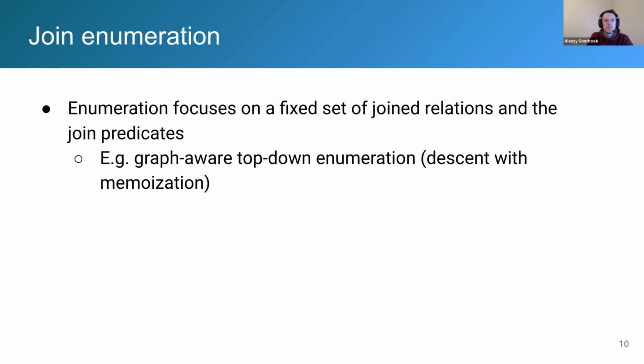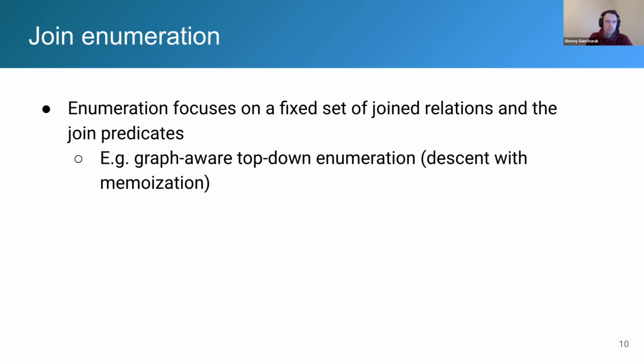Since we only consider cross-product-free plans, we are interested in algorithms that take this graph into account and produce only those plans that contain no cross products. Of course, we can enumerate all possible orders and test whether a plan contains a cross product, but that would be quite inefficient.